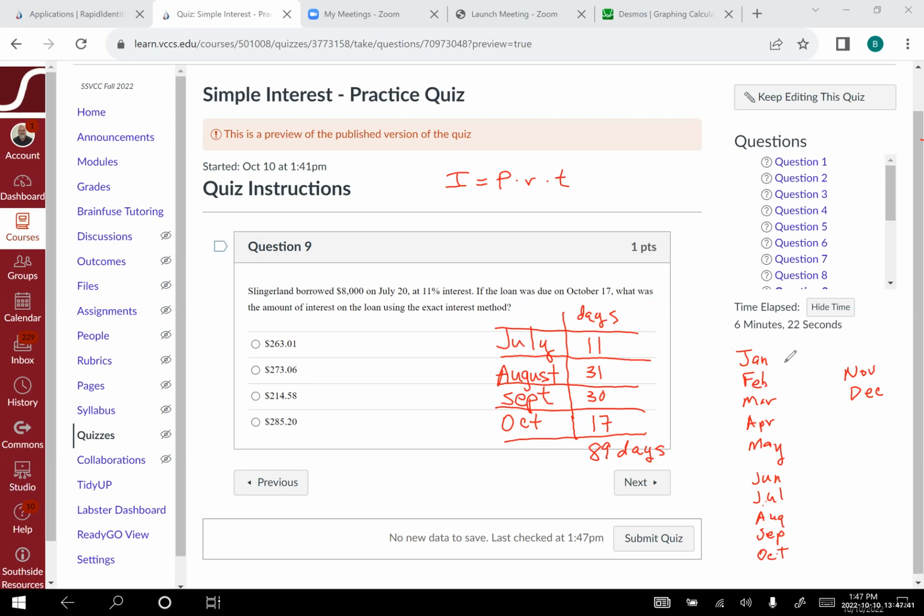Let's see. 30 days has September, April, June, and November. All the rest have 31. So there's 31 days in January. February is the weird one. It's got 28. March has 31 days. April only has 30 days. What about May? Is that 31?